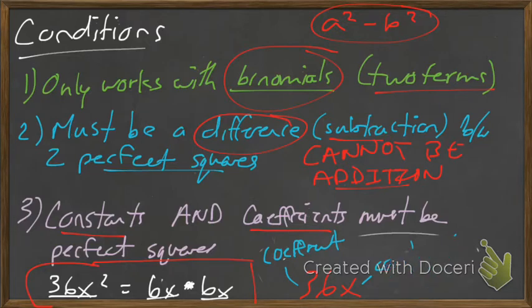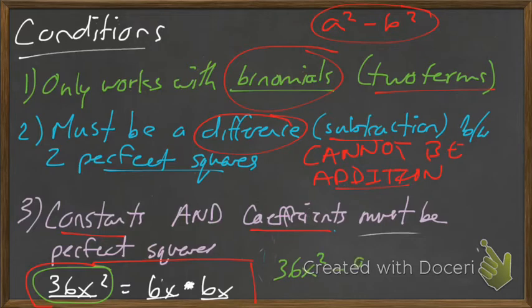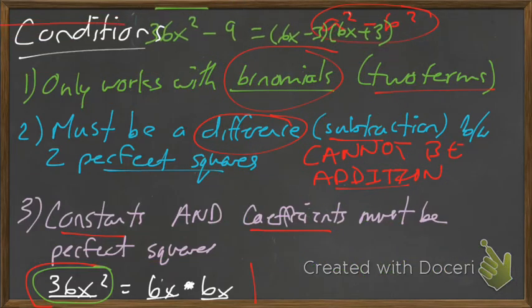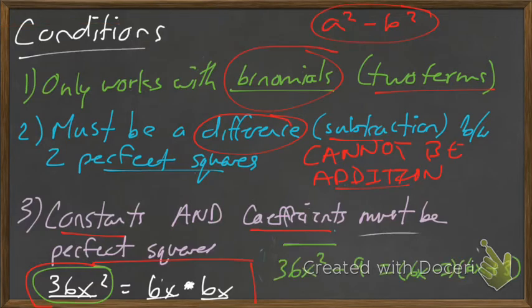Now, let me erase that because there is another condition that exists as well. My example here was 36x squared. If I had 36x squared subtract, say, 9, that would still be a difference of squares, because that would give me 6x subtract 3, 6x plus 3. Sorry if you can't see this. I'll write it out again.